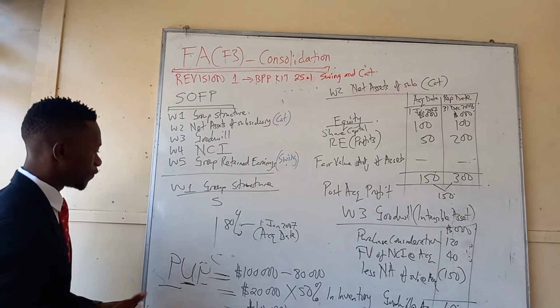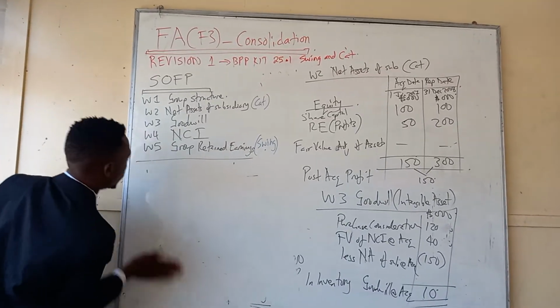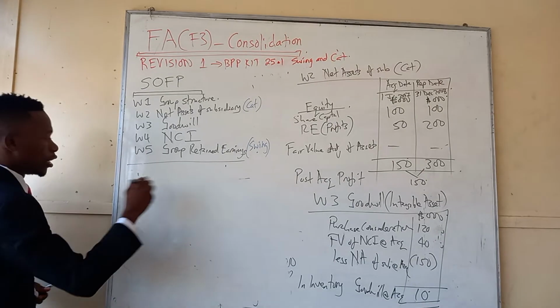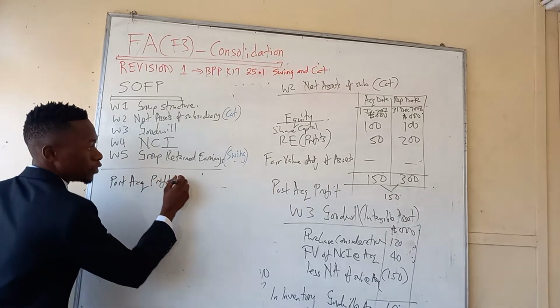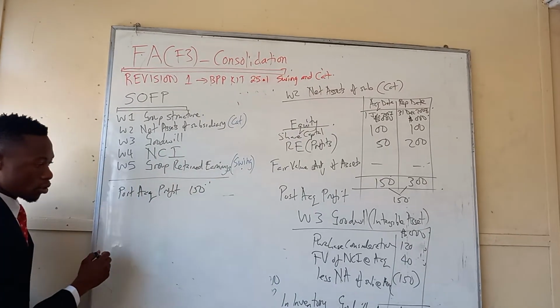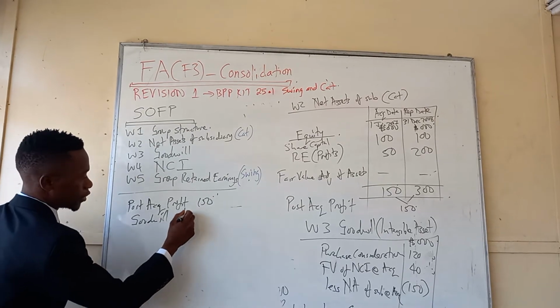Working 4 and working 5 now, I want to kill 2 birds with 1 stone. Right, let me just write this down. Profit, that's 150. What about our goodwill? Our goodwill, that's 10.